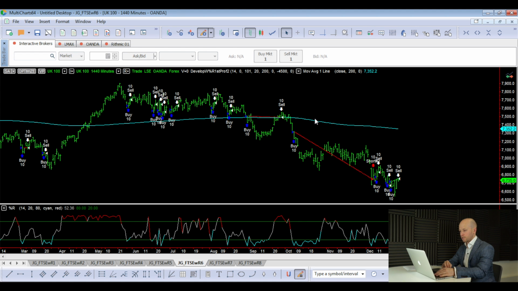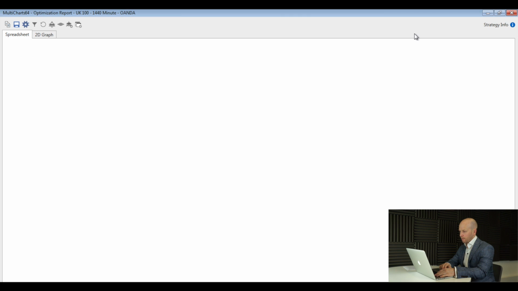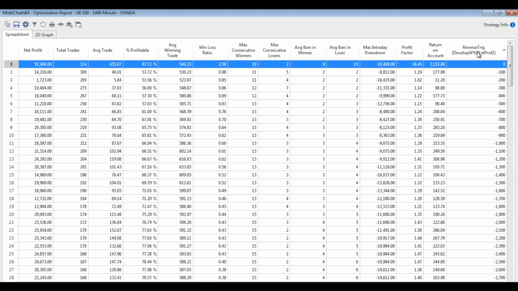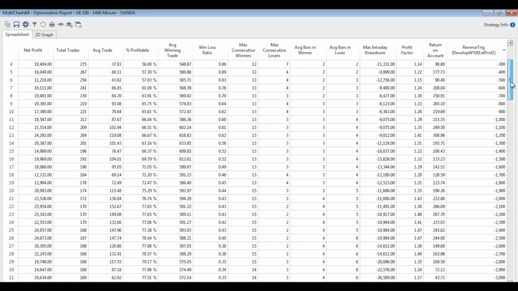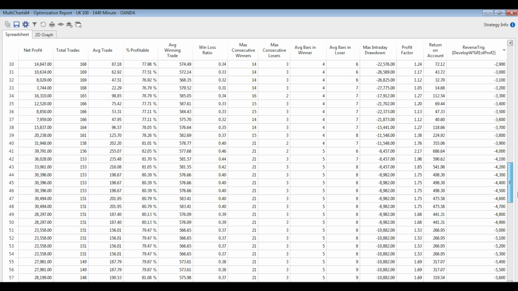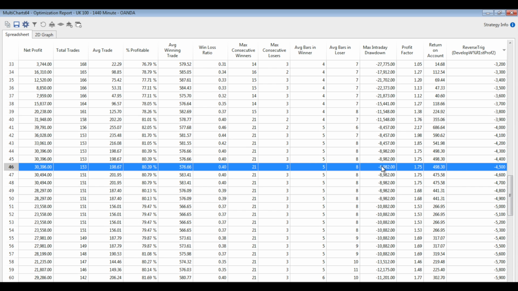Now, what I've done in this workspace is I've removed the 200 period filter and just kept that reverse trigger amount in. So we better do a re-optimization as well of that amount. And here's the reverse trigger column again, and I'll just quickly scan down and I'll show you what I've chosen. I actually chose 450.